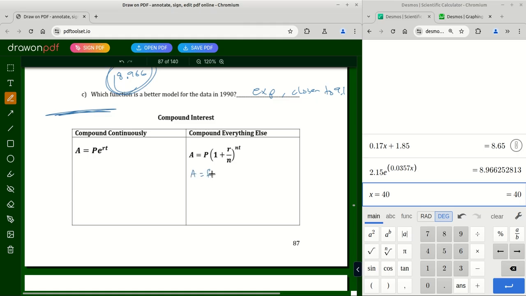So A is your final amount, like after a long time. Compounding interest, that's like, okay, pause. So you got a lot of money, let's say like $10,000, and you go to the bank and you say, hey, bank, can you take $10,000 from me? And they're like, sure. So they take $10,000 from you, but then they promise to give you more back later. Like in another 5 years, they hopefully will give you like $11,000.